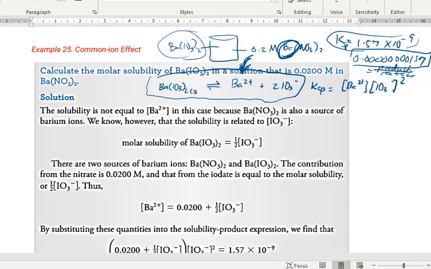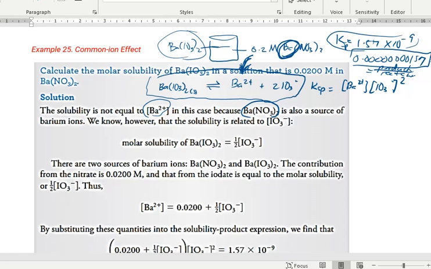So let's take a quantitative expression, based on Le Chatelier's prediction, to see if it coincides with his prediction. Okay? So in this case, the molar solubility will not be equal to barium 2+ that we solved in the previous example, because in this case we have another barium from barium nitrate, which is also a source of barium ions since they are in the same solution.